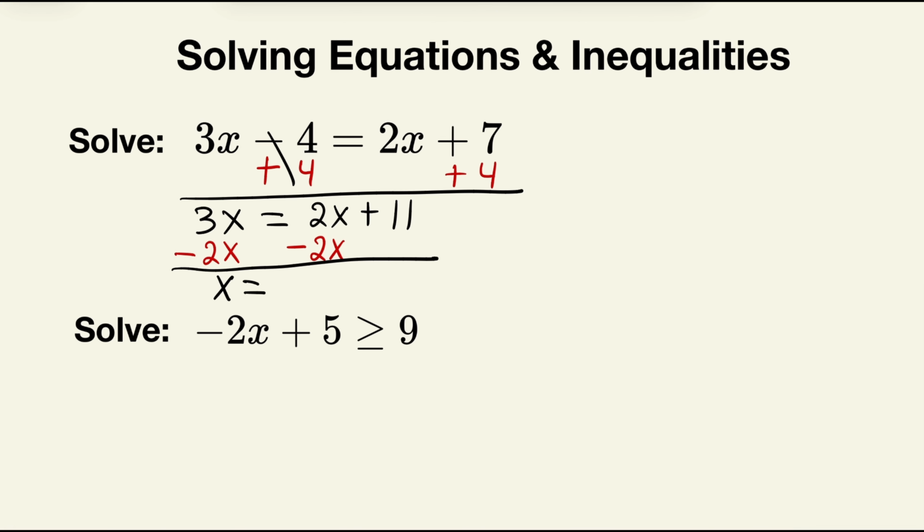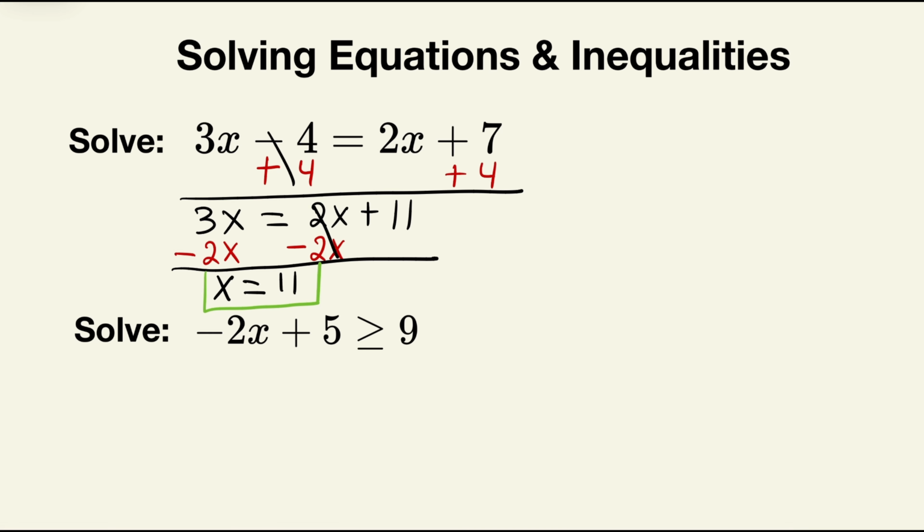So x equals 11, because 2x minus 2x is simply 0. That's the final answer. I want you to always check your solution. I won't do that here, but whether you're plugging it back into the original equation or this equation here, both sides should equal each other.